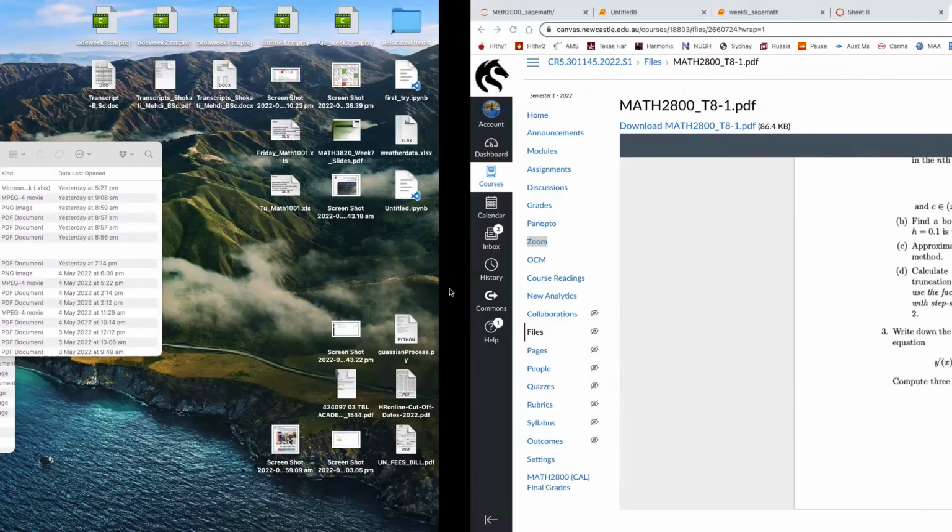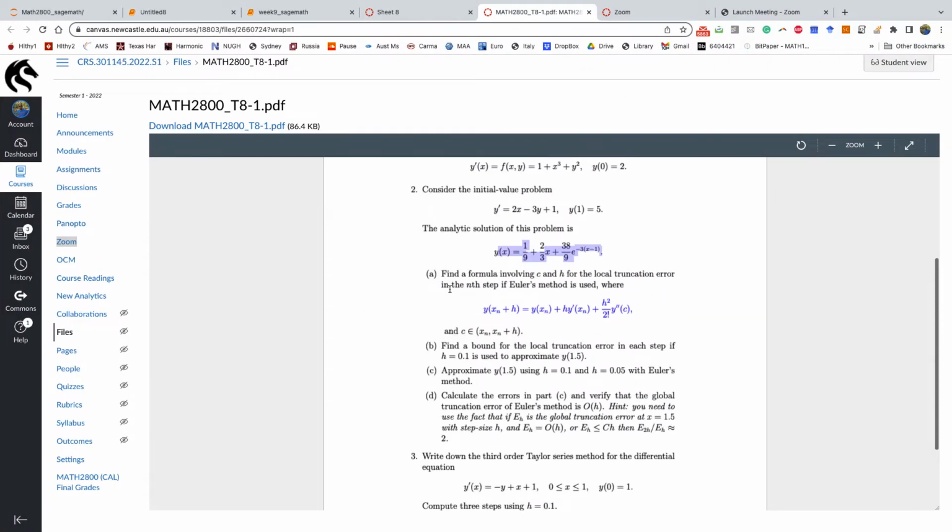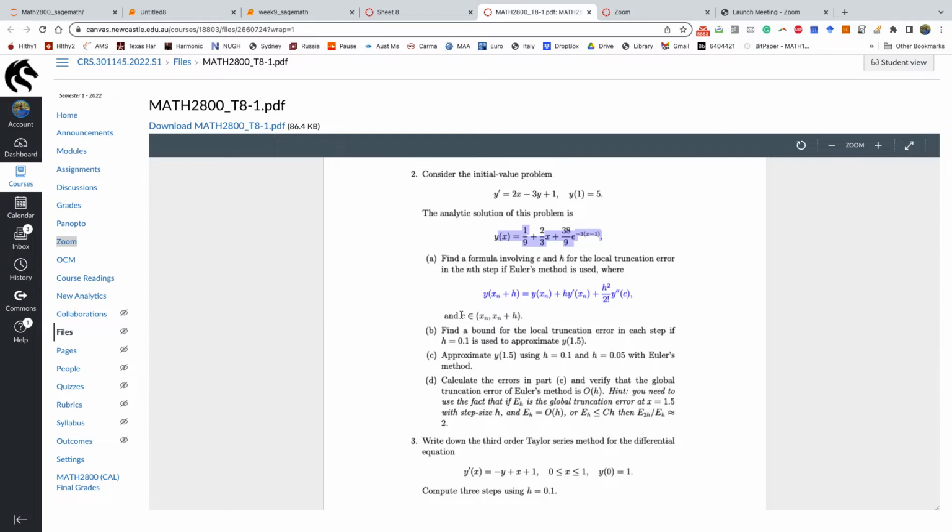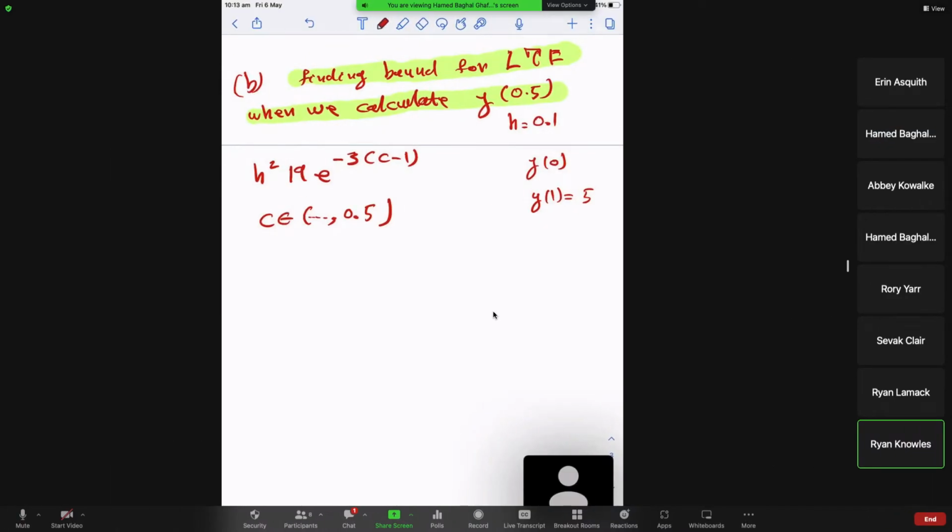Let me see the question again. y of 1 is 5, and we are going to find y of 1.5.